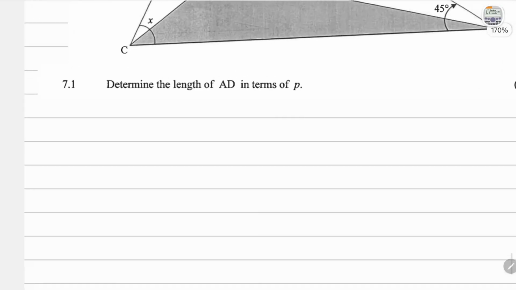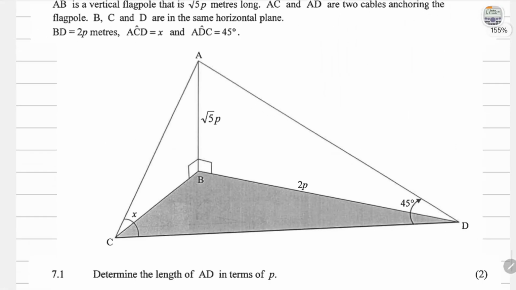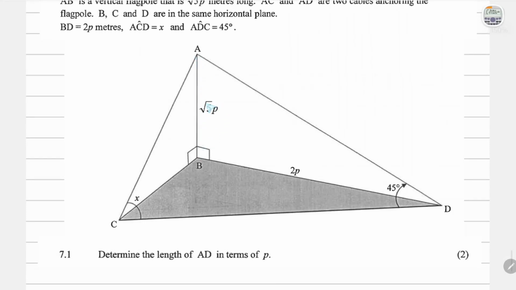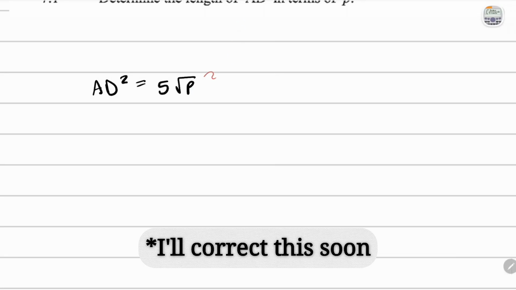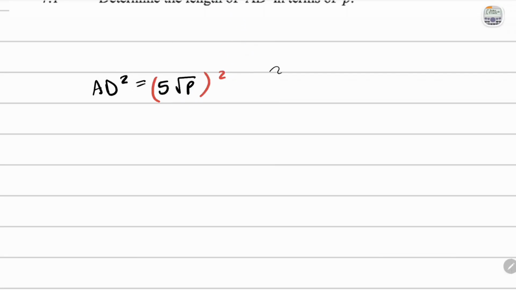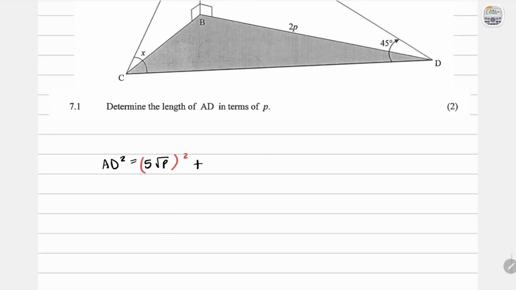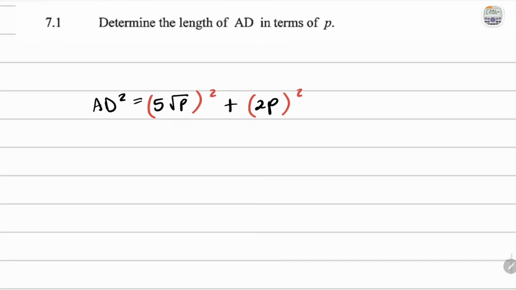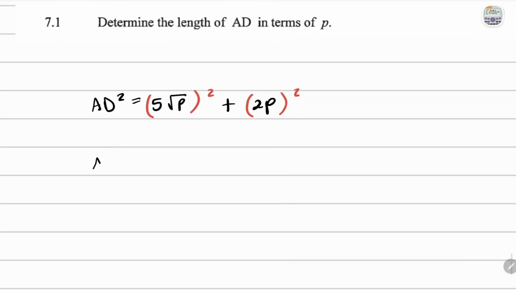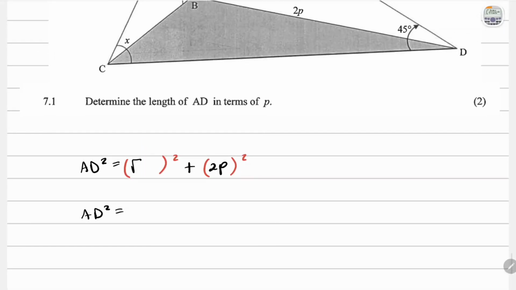Our formula is going to be AD squared is equal to the shorter side squared, so that is the square root of 5p, squared, and because AD is the longer side, you add the other shorter side, 2p, squared. Let's solve for AD. Sorry about that, that is not 5p, that is the square root of 5p.